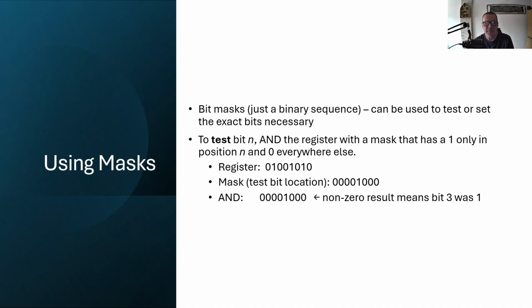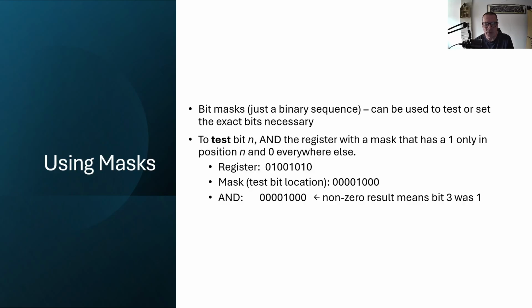And then we use the bitwise operation AND with our register and our mask. It will give us a non-zero result when that bit is actually set to 1. So we can test the bit in that position with that mask and the AND operation.